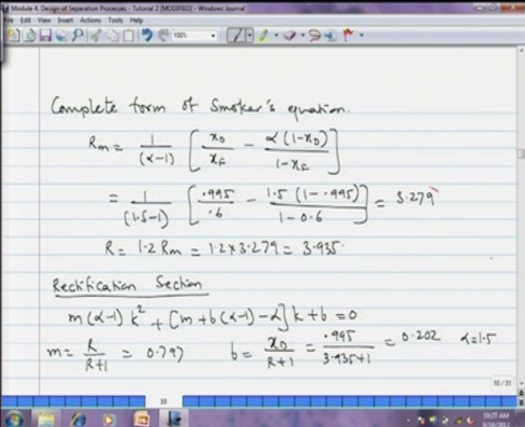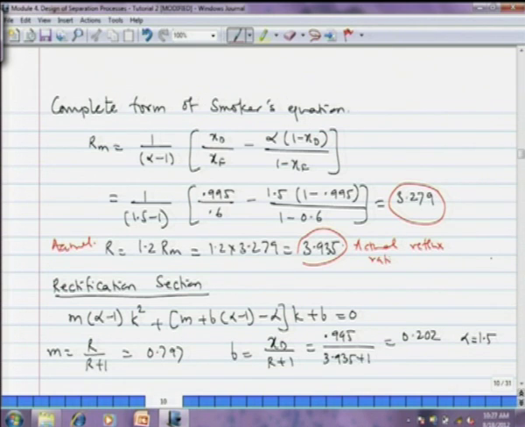Minimum reflux ratio is calculated as 3.279. The actual reflux ratio R is 1.2 times the minimum reflux ratio. So, 1.2 into 3.279, that is 3.935, that is actual reflux ratio.